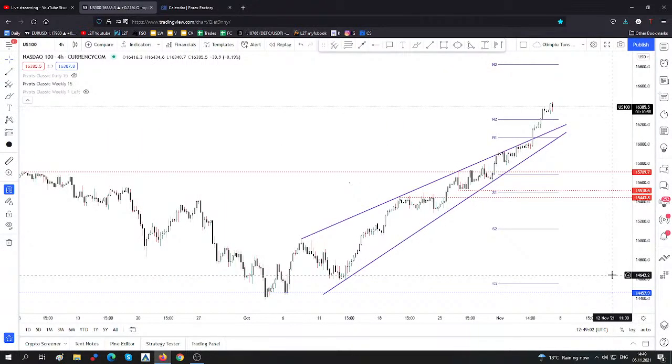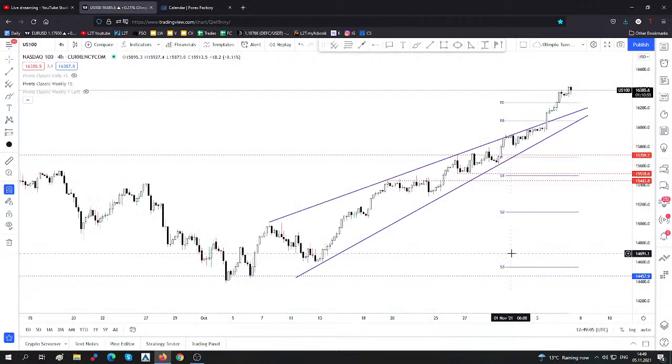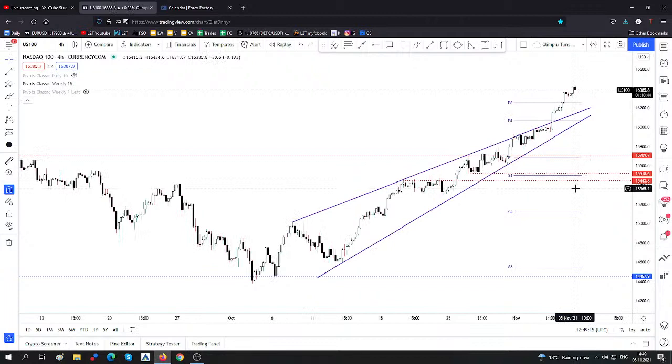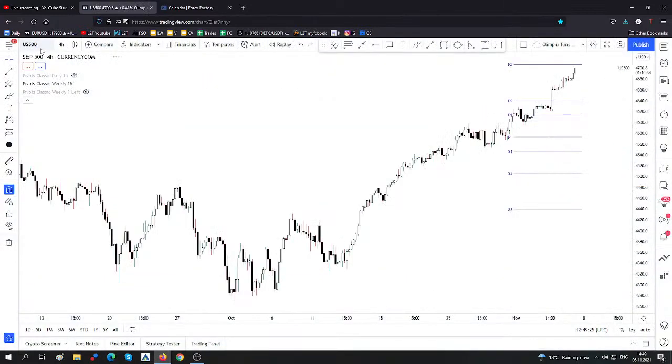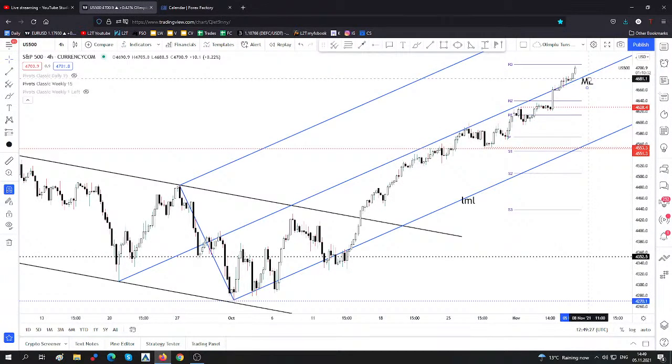Also here, the US 100, the Nasdaq, has invalidated the potential rising wedge pattern, so further growth here. Also fresh new all-time highs here, 16,434.6. The bias is still bullish. US 500 as well.